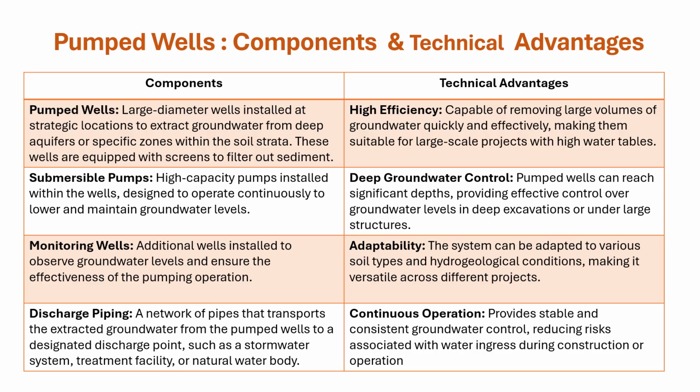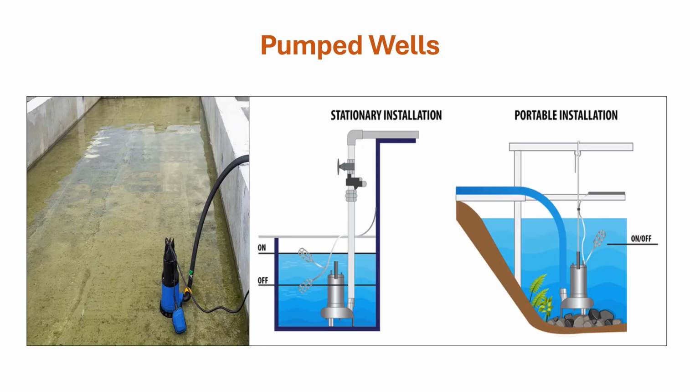They are adaptable to various soil types and hydrogeological conditions, and they can provide stable and consistent groundwater control. Now, this diagram shows how these pumped wells are installed in a certain system.